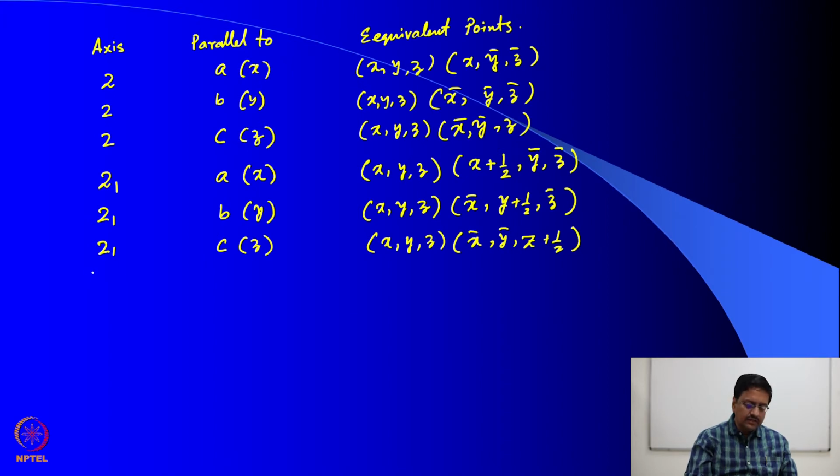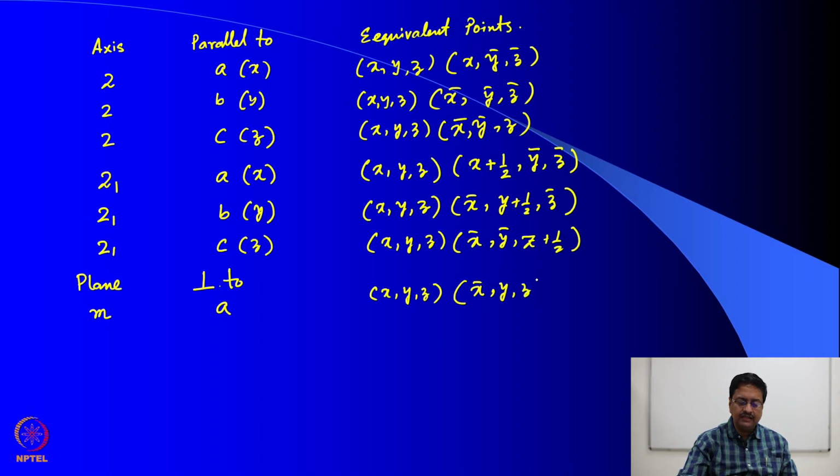Similarly, when we talk about different planes, and that plane has to be perpendicular to some axis or some direction, then what will be the corresponding equivalent points? Suppose it is a mirror plane perpendicular to A, it will make the points x, y, z get converted to x bar, y, z, because the mirror is perpendicular to the direction of A or perpendicular to x-axis.